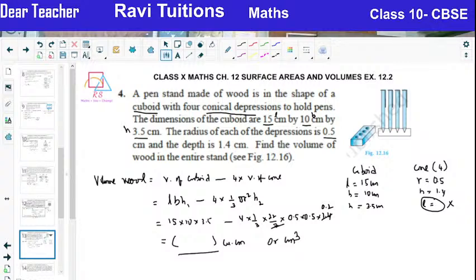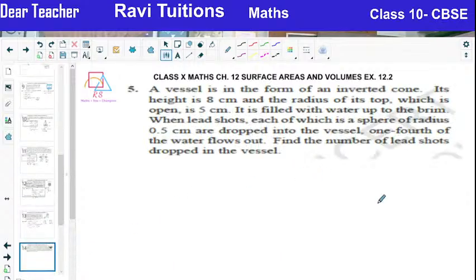Okay. So now let us go to another question. A vessel is in the form of an inverted cone. That means this is a cone.